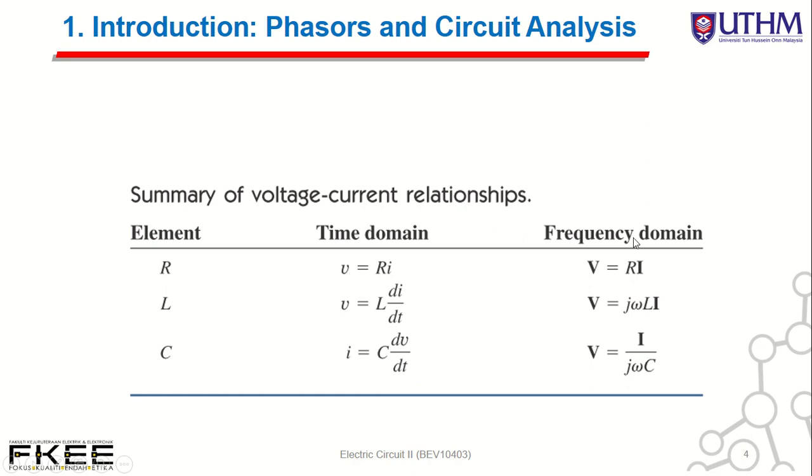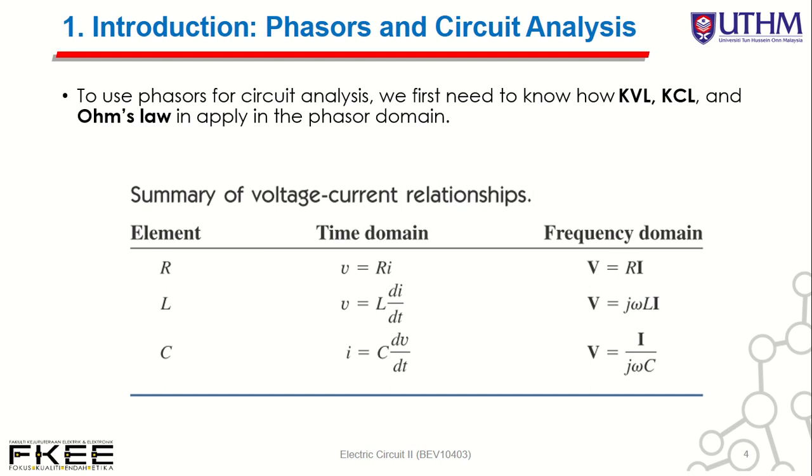In frequency domain, we can determine the voltage across C equal to 1 over j omega C, which is ZC, times I. So in this subtopic we will use the frequency domain, either in phasor form or in rectangular form, to analyze our AC circuit.